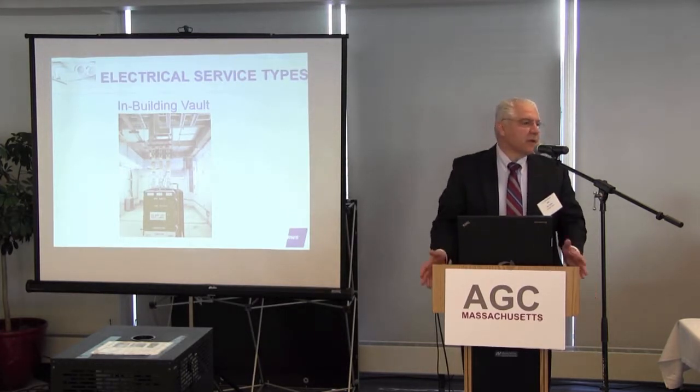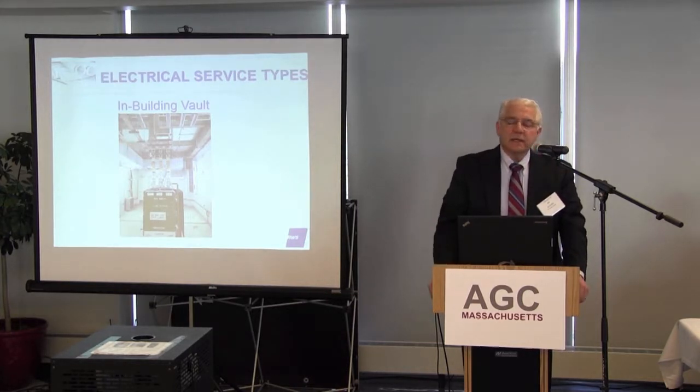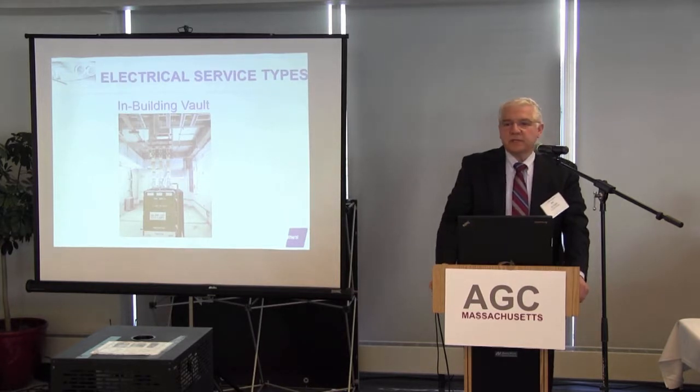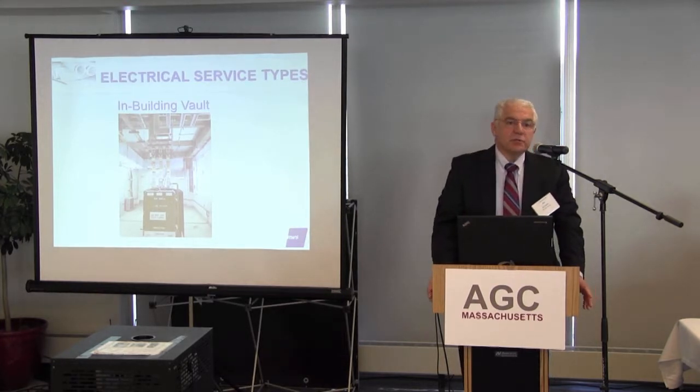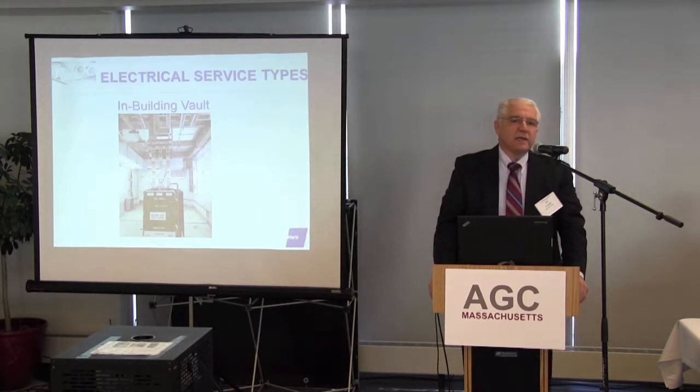They want to make sure that the duct bank is correct, that it's got the proper structure and the proper grounding, and the utility company has several different inspectors that you'll have to deal with. So you have an underground inspector that'll look at the conduit.